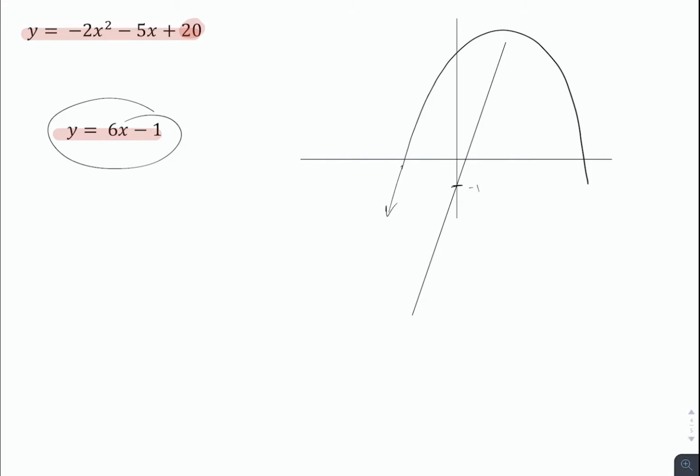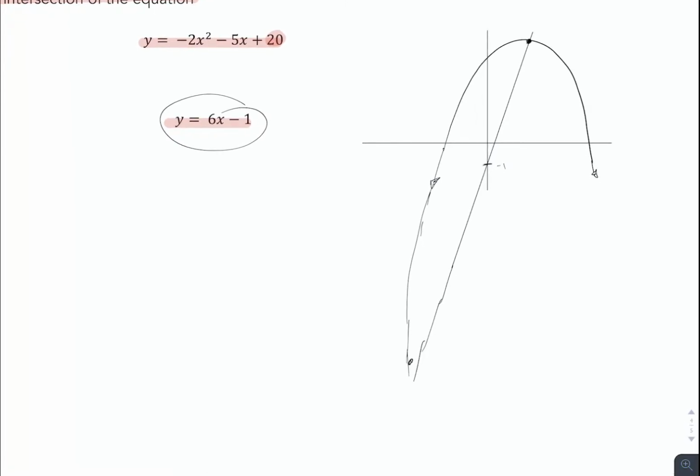So just by looking at the picture, it looks like we're going to have 2 points of intersection somewhere up here, and maybe somewhere, way down here, some kind of point of intersection. Possibly. Might be wrong. Let's find out algebraically.